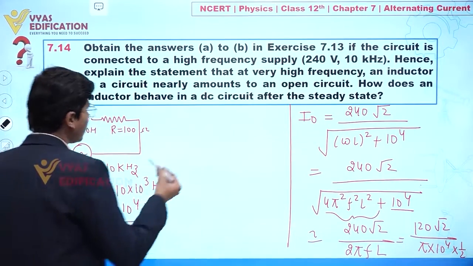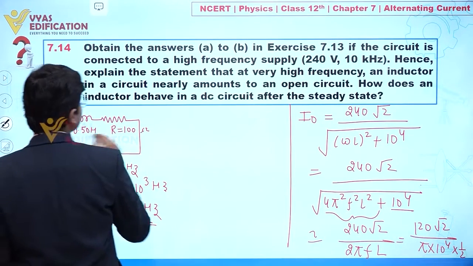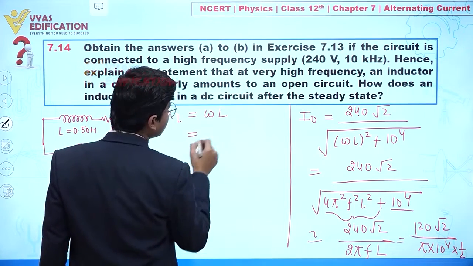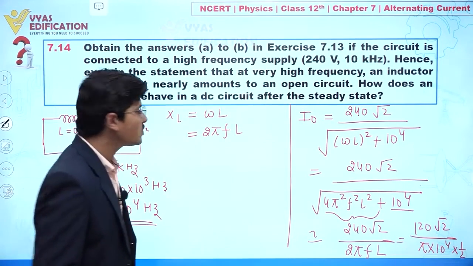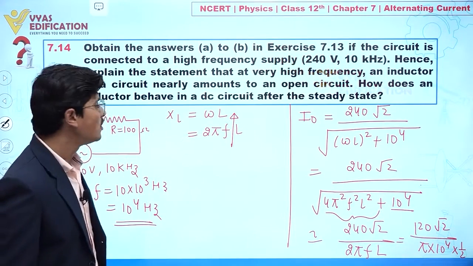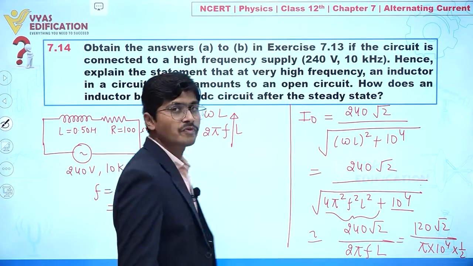You can also understand it like this. Suppose XL is given by omega L, which is 2 pi f L. In this question we are using a very high frequency source, so when f is very large, the value of XL is very large.